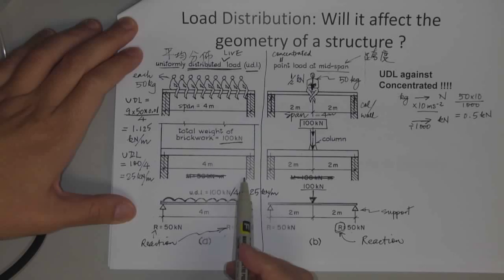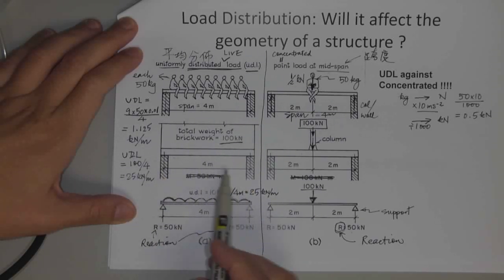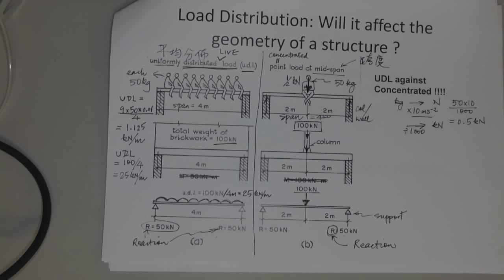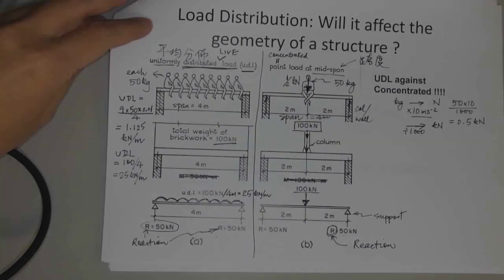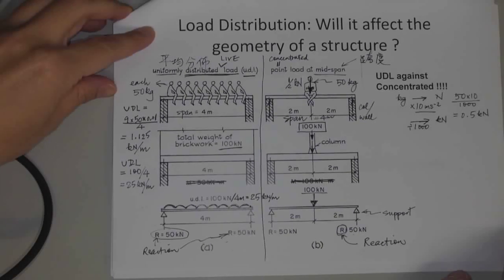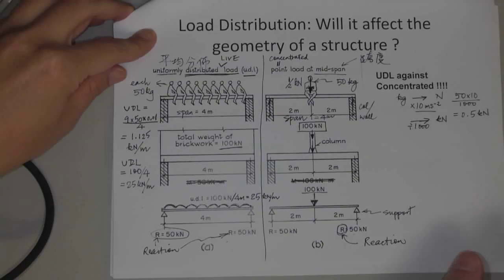Each of the supports should be able to carry or support 50 kilonewton. Right, so up to now all these calculations are very simple.